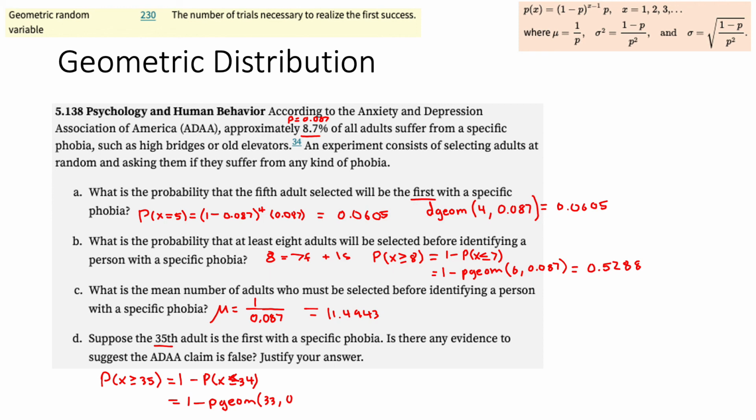So 33 and our probability, and we get this value.